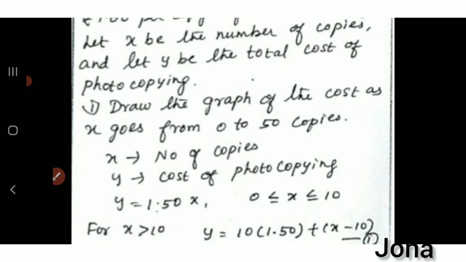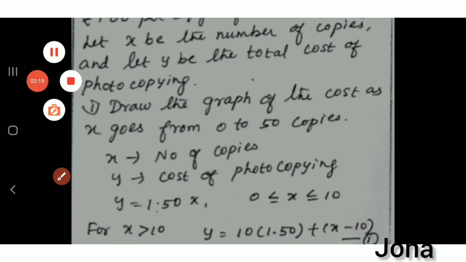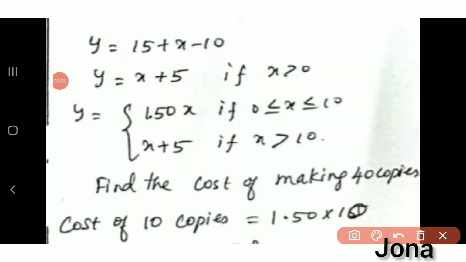For the first 10 copies it costs 10 into 1.50, plus above the 10 copies from the 11th copy onwards, the general format is X minus 10. So the general equation above 10 is Y equal to 10 into 1.50 plus X minus 10. Therefore, Y equal to 15 plus X minus 10. It's nothing but Y equal to X plus 5 if X greater than 10.